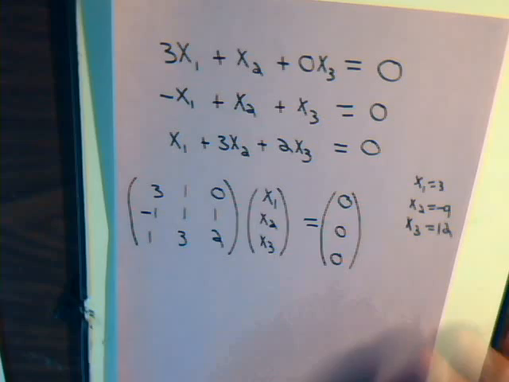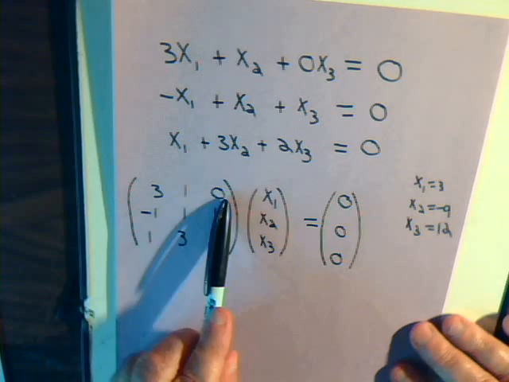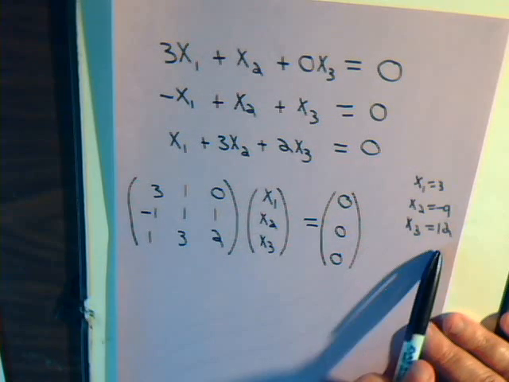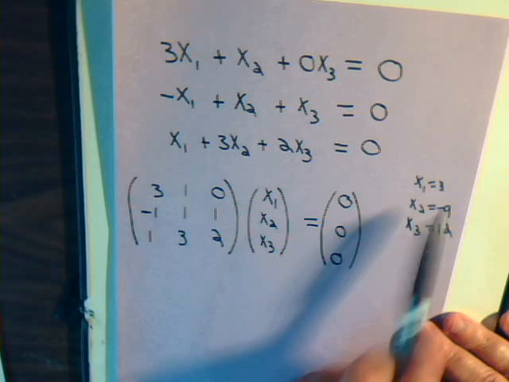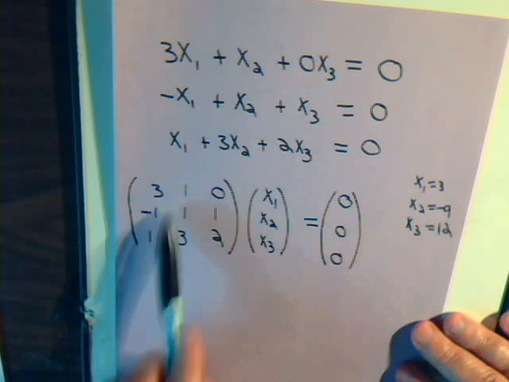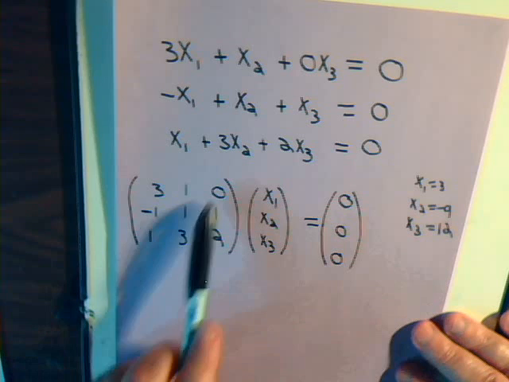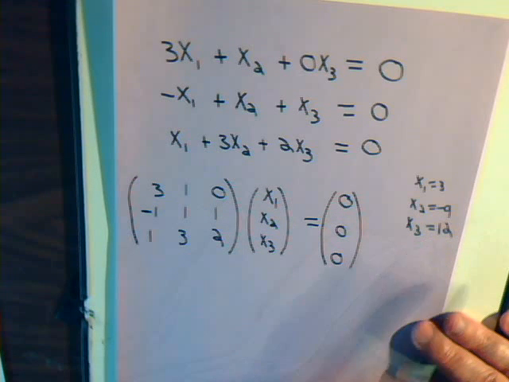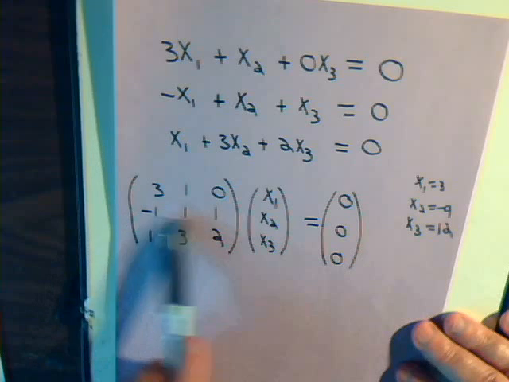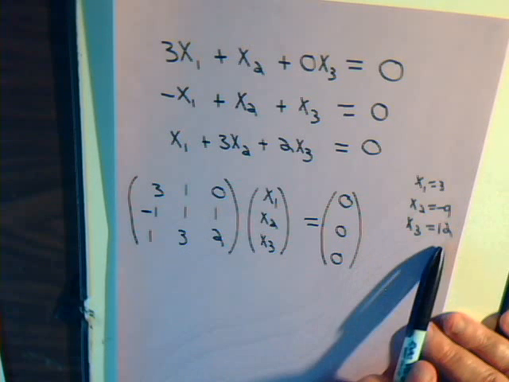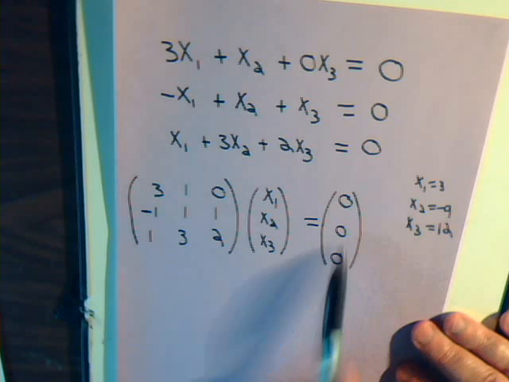Let's just take one. We go over and down. So we have 3 times 3 is 9. 1 times -9 is -9. That adds up to 0. 0 times 12 is 0. And do it like this. Again, do the multiplications, add them up, you get 0.